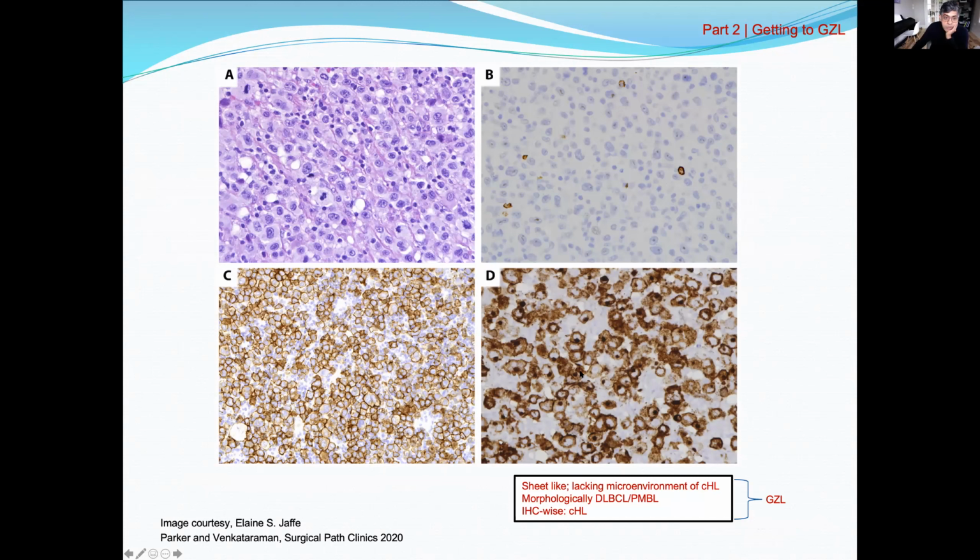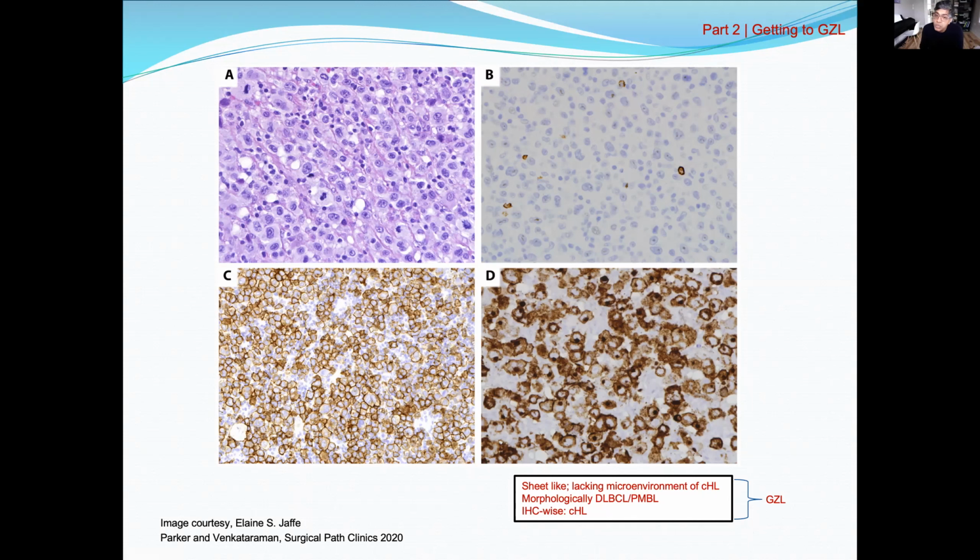So sometimes, based on morphology alone, you can say that it looks like DLBCL or PMBL, but IHC actually matches for Hodgkin lymphoma. So this would fit for what we would call gray zone lymphoma. This is important to recognize, this spectrum of what can be called gray zone.